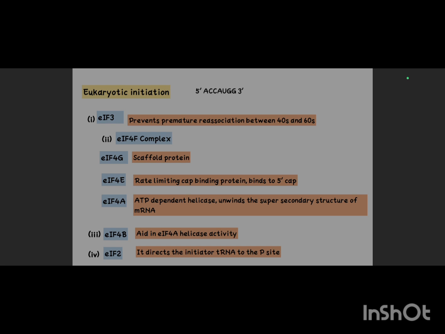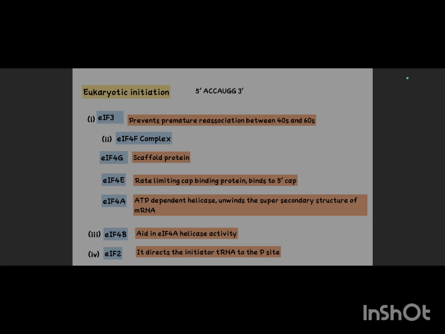First is EIF4G, which is a scaffold protein. Second is EIF4E, which is the rate limiting cap binding protein, and this protein actually finds the 5 prime cap region and binds with it. Okay, and the third monomer is EIF4A.